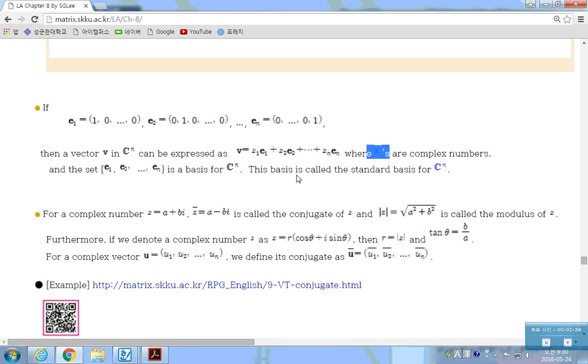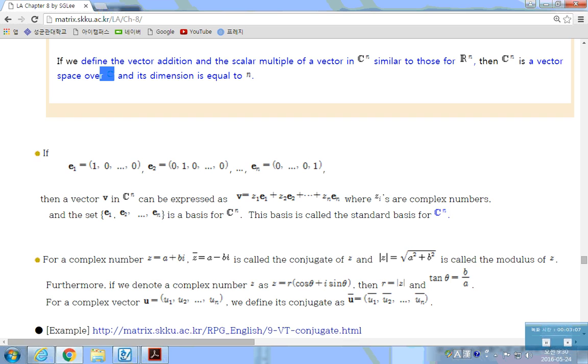But if we only use real numbers here, then this is not enough. We need the complex numbers here, the imaginary number i. So we need 2n vectors to represent all the vectors in Cn. If the underlying field is R instead of C, then we need 2n vectors to span Cn.